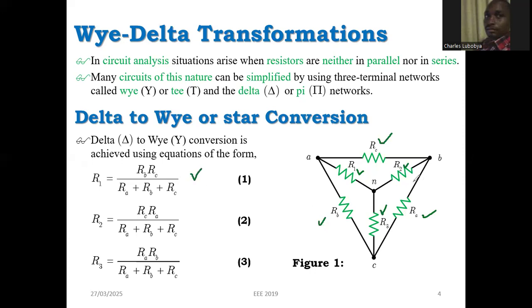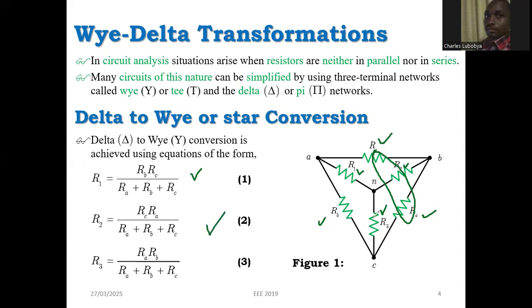Equally, to calculate R2, you get the resistors adjacent to R2, in this case RA and RC, multiply them, divided by the sum of all the resistors connected in delta, again RA plus RB plus RC, as shown in equation 2.